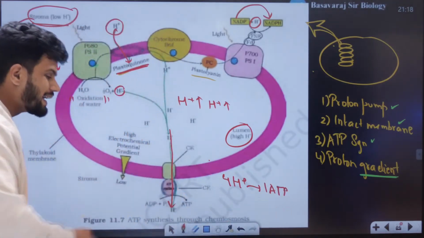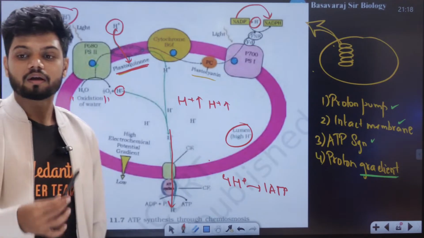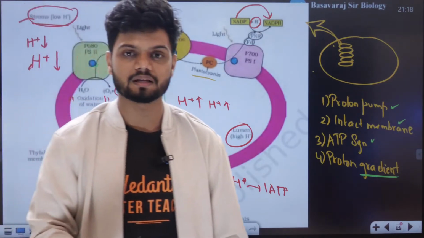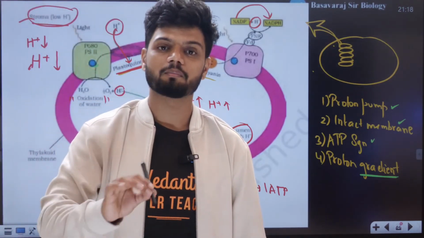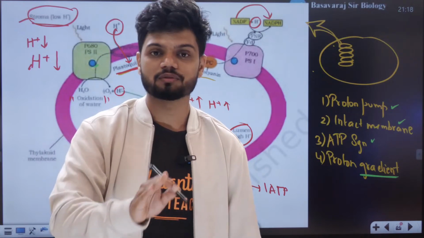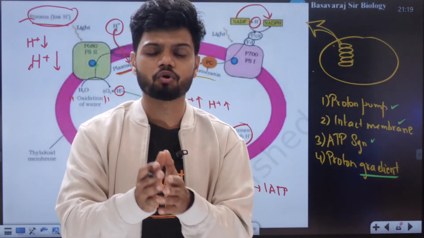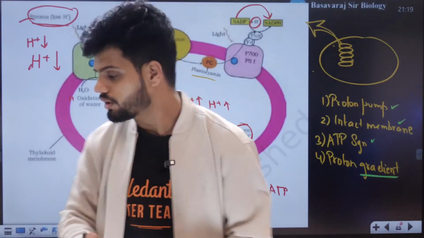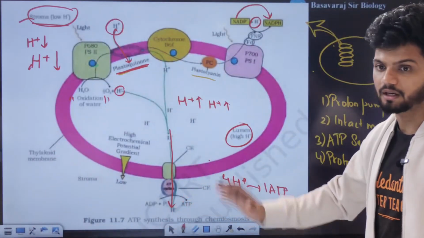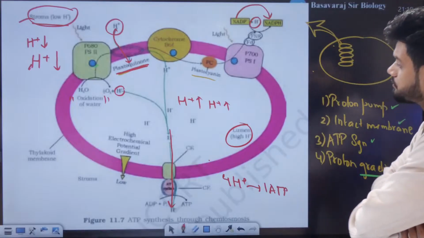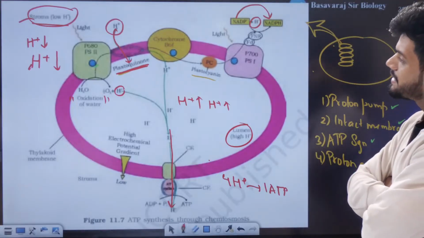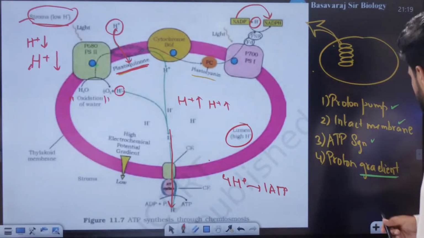And that's how ATP formation takes place in plants in the case of non-cyclic and cyclic photophosphorylation. That's how ATPs are being formed there. Beautiful, right? This is called the chemiosmotic hypothesis.